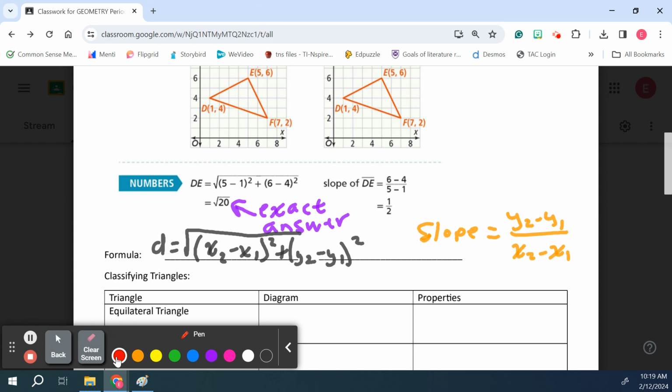And I'm going to give you the midpoint formula just so you have it, okay? So midpoint, remember, is x1 plus x2 divided by 2, comma, y1 plus y2 divided by 2. Remember, this is calculated 2 separate times for x and y.